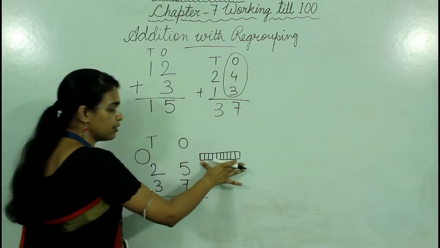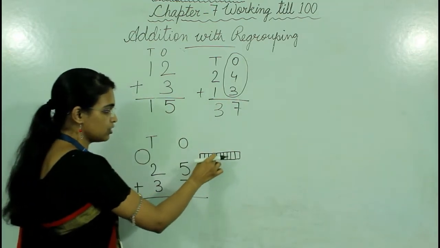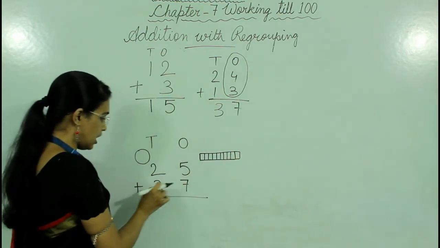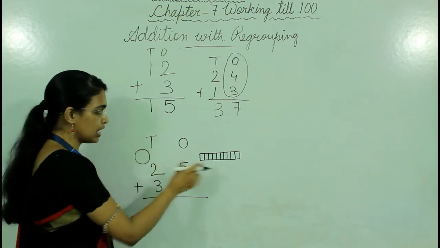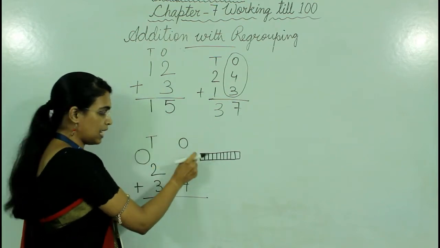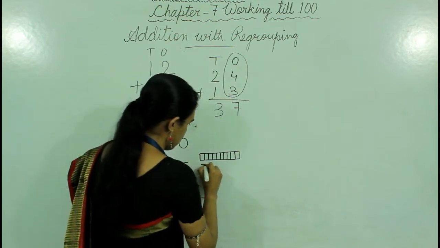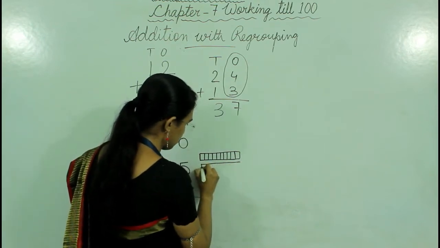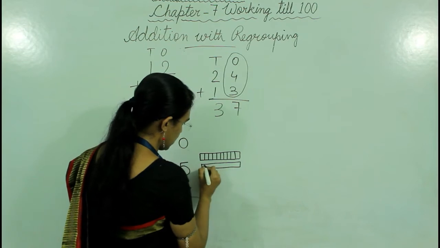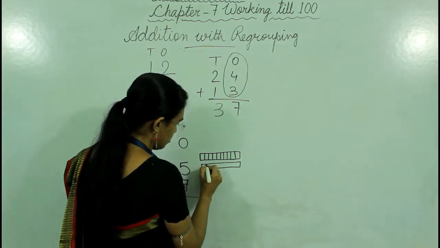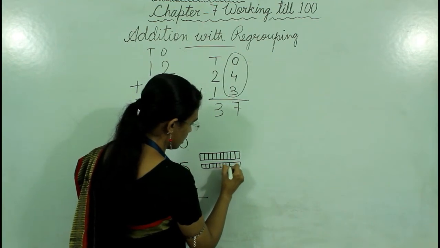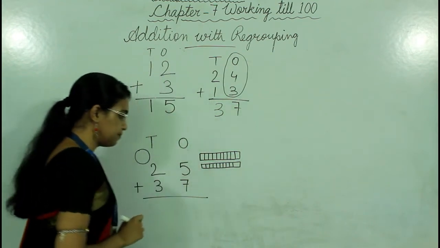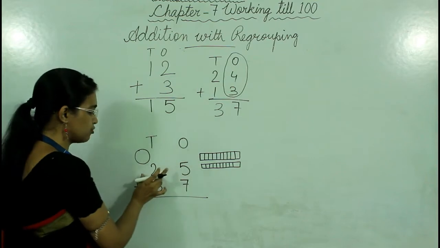In one group we have 10 blocks, that is 1 ten. And we have to make 2 tens, so we draw another group like this. 1, 2, 3, 4, 5, 6, 7, 8, 9 and 10.